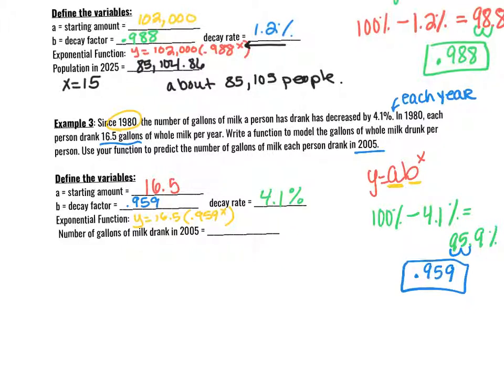So that's 25 years we're talking about of this data. So my x is going to be 25 years. So you want to plug 25 in for x. And when you do that, you get right around 5.79 gallons of milk.